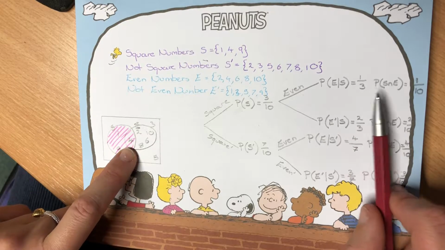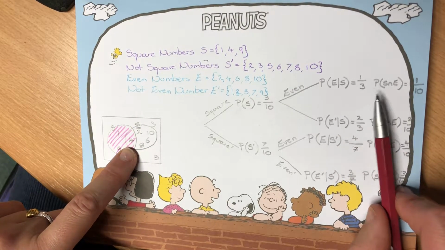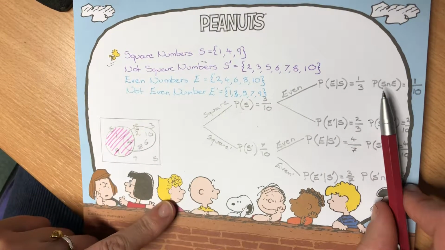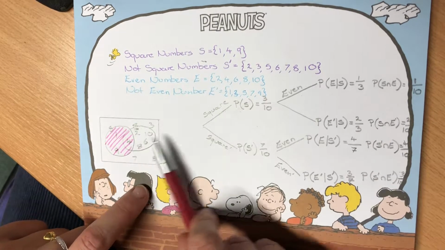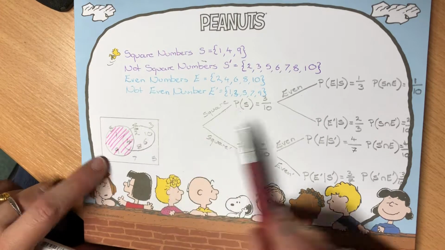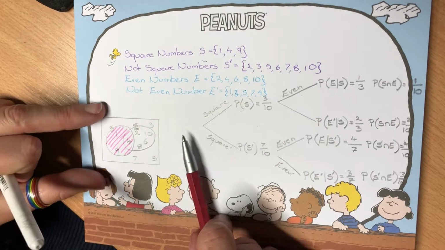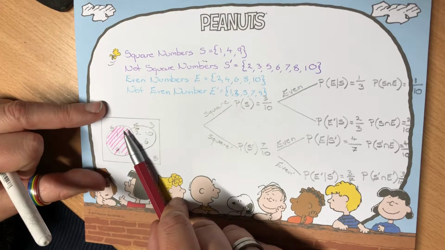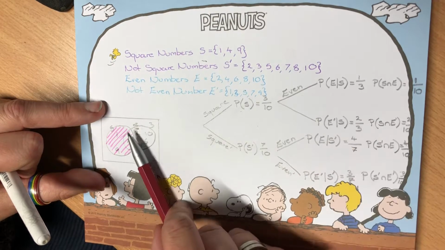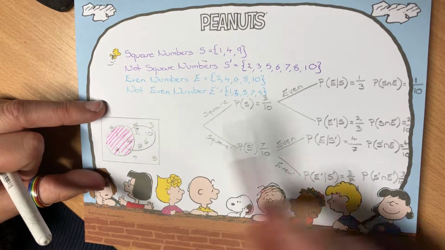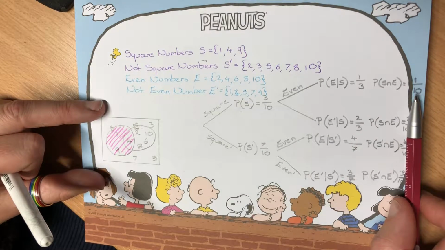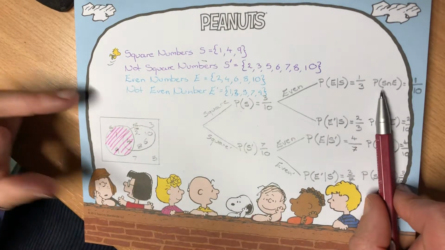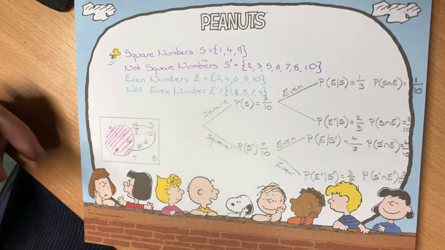And you need to know the probability of "and", so this happening and this happening. So in this case, that's first off, out of everything, just looking at the pink bit, then just looking at the even bit. So multiplying this and this together, which gives you the probability of square and even.